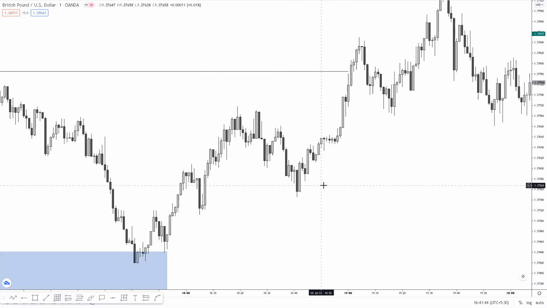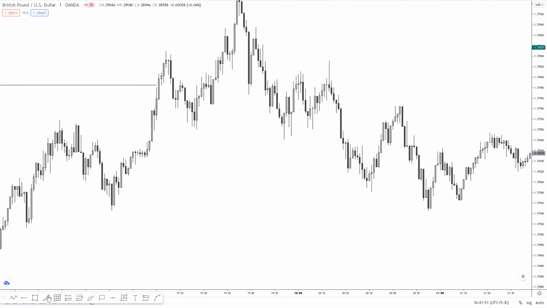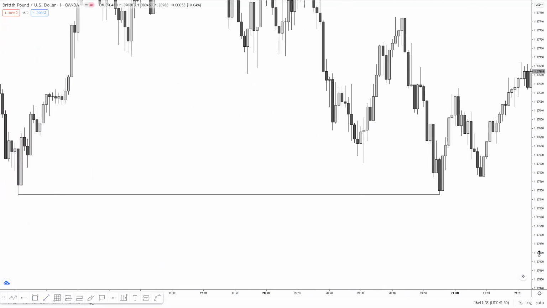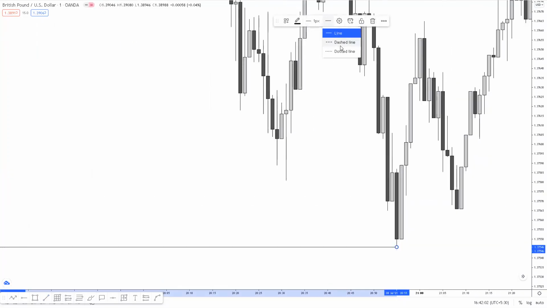So now we know that this is a pool of liquidity there. We look for anything below it. I was asleep at this time. You see that this created what we see as equal lows, but actually this candle took out that candle's low.